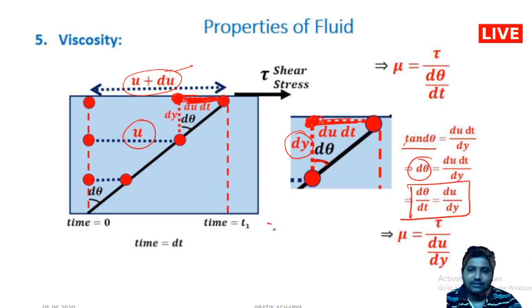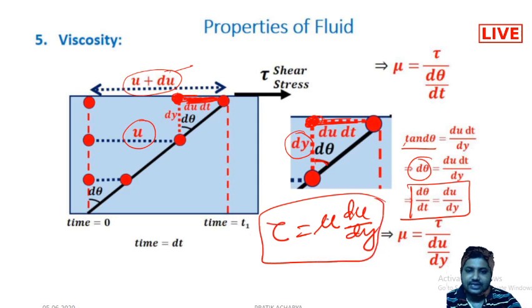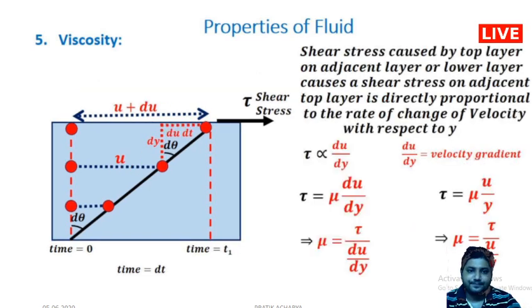So I can write tau equal to mu into du by dy. This is called Newton's law of viscosity. This theory is given by Sir Isaac Newton. Okay, I already told you this.